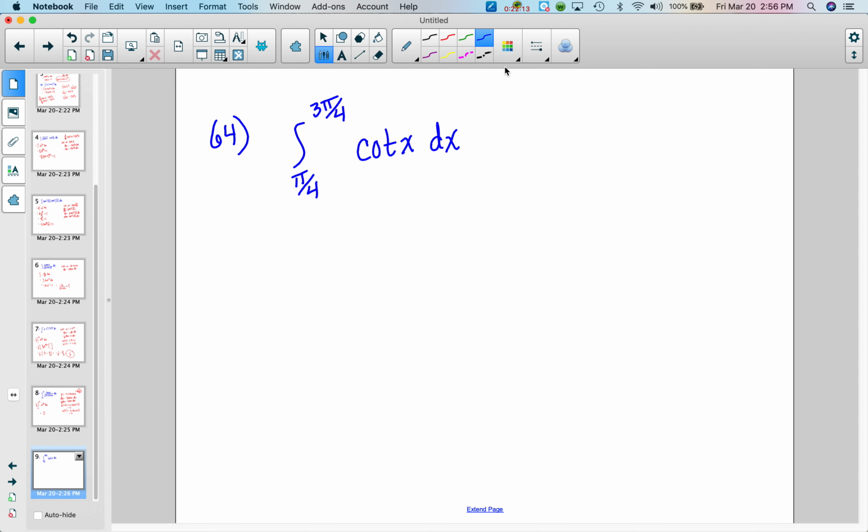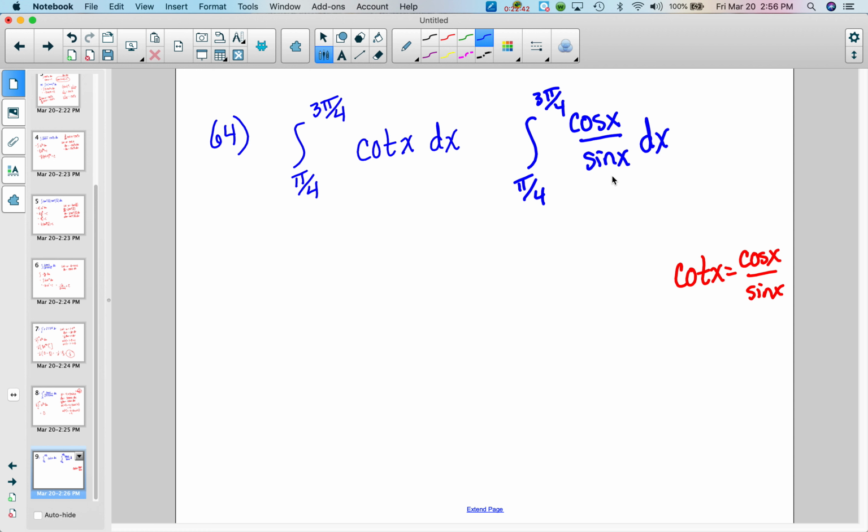You think of this as the integral from pi over 4 to 3 pi over 4 of, now remember that cotangent x we can think of as, because tangent is sine over cosine, so this is cosine over sine. So we end up with cosine x over sine x dx.